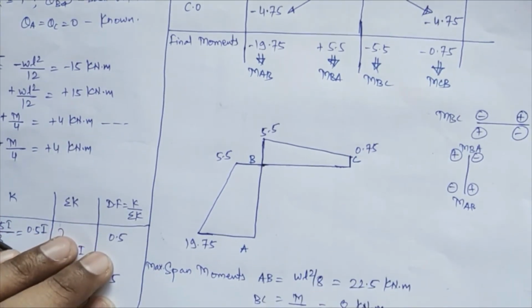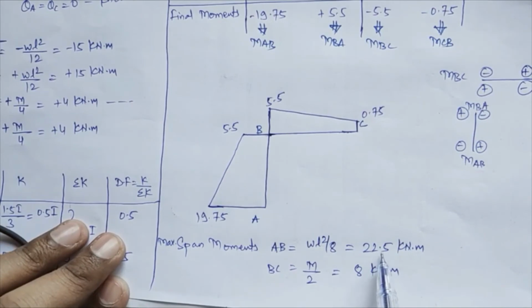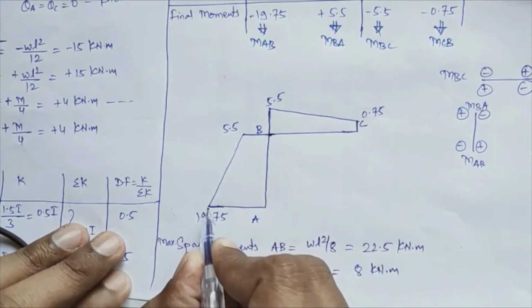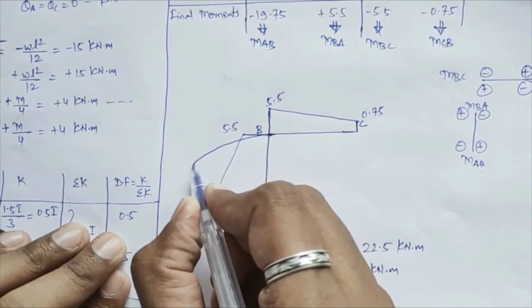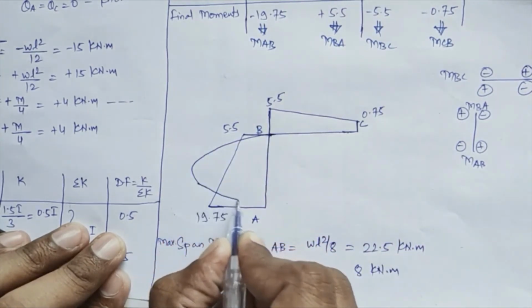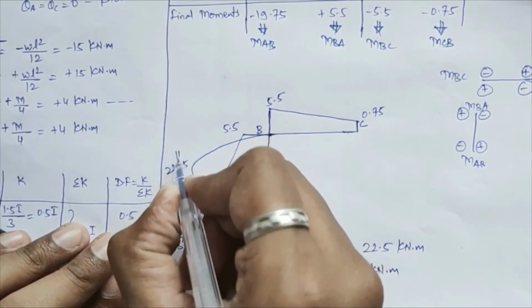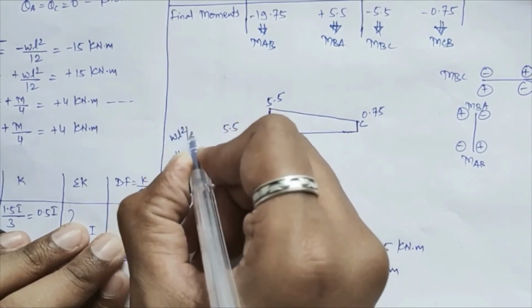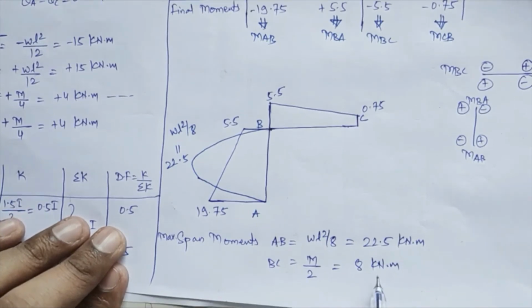Okay, now we'll plot these moments. The first is the UDL moment 22.5, so it will follow a parabolic path in the outward direction. This 19, 22 will be greater than that. In this way, that will be your 22.5. This value is equal to WL square divided by 8. And in your BC span, you have a concentrated moment. For that the maximum moment is equal to 8.